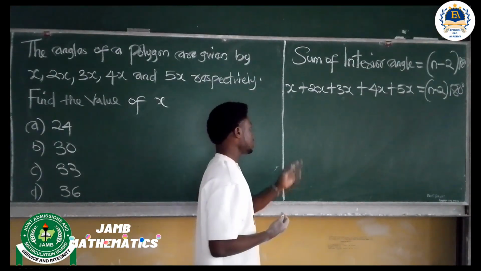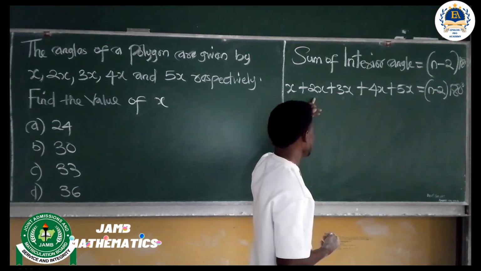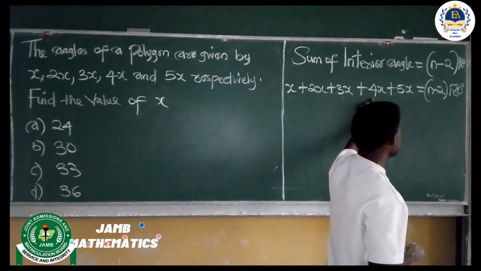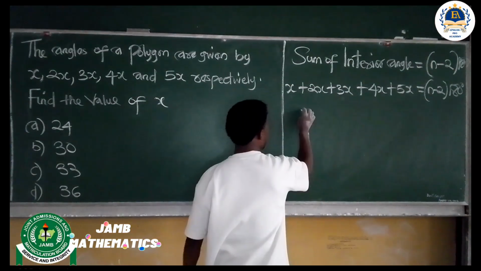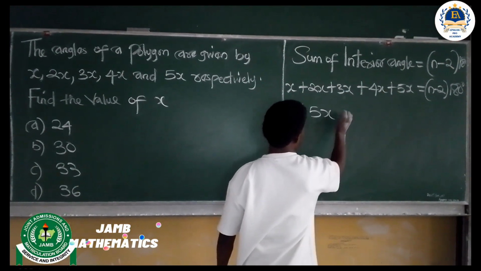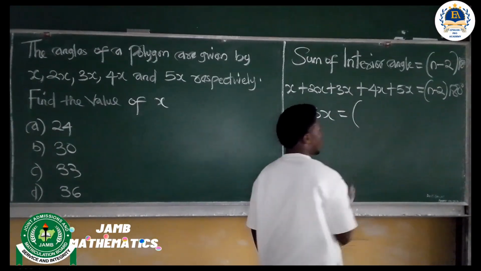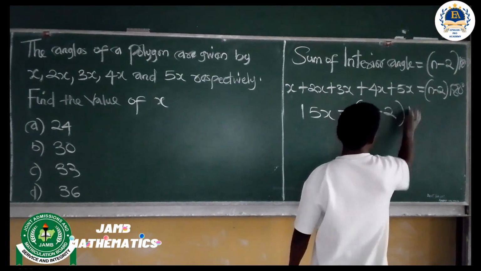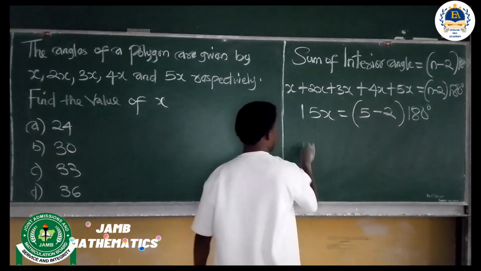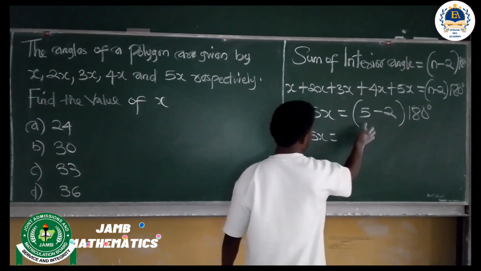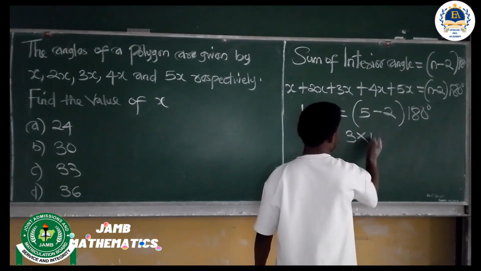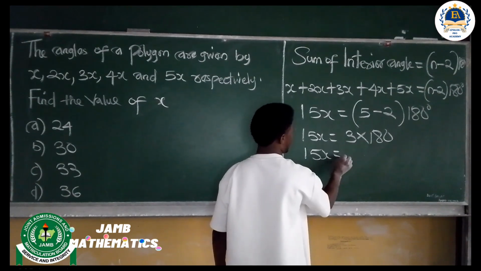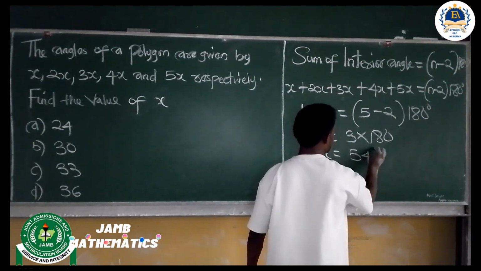Let's add up the terms. 1 plus 2 is 3, 3 plus 3 is 6, 6 plus 4 is 10, and 10 plus 5 is 15. So we have 15x is equal to, now n is equal to 5, so it will be 5 minus 2 times 180 degrees. So 15x is equal to 3 times 180 degrees, and 15x is equal to 540.